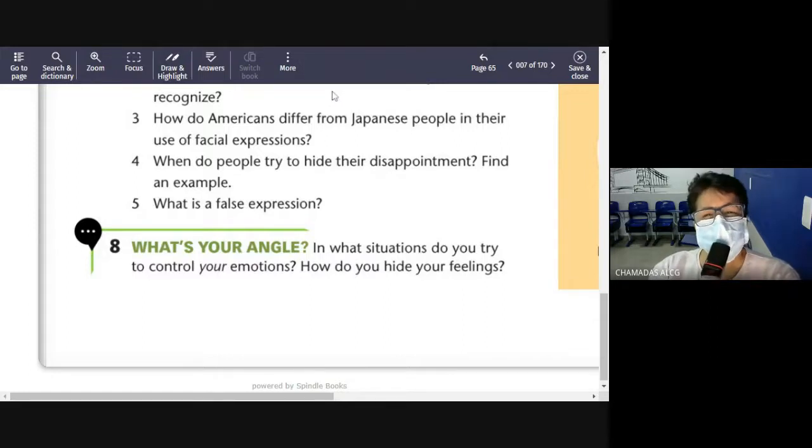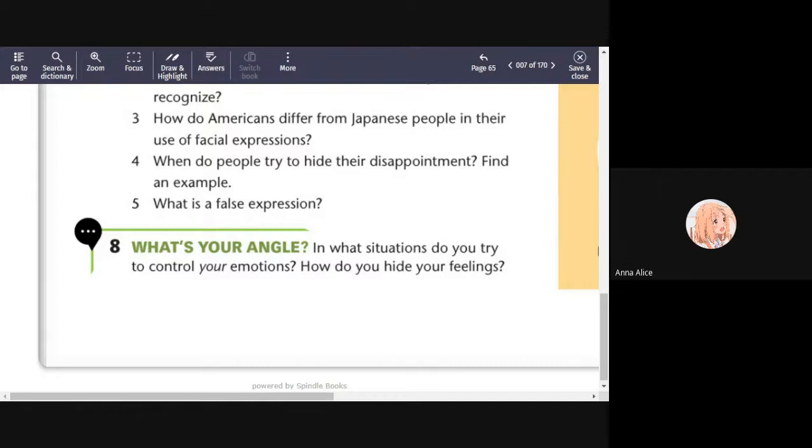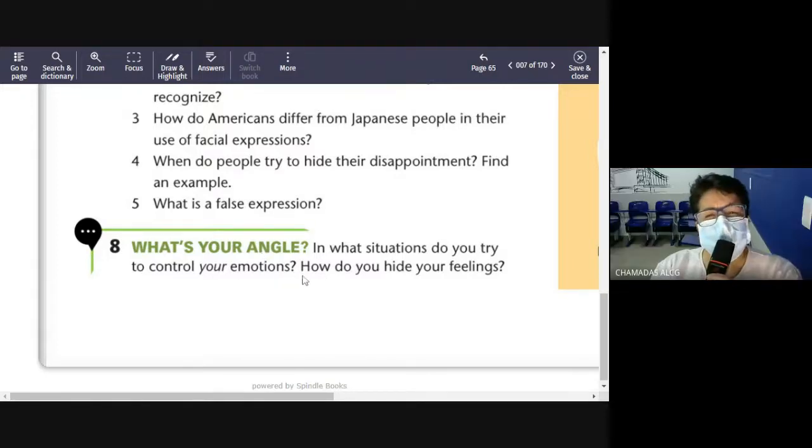Do you get nervous? So it's difficult, isn't it? We have to control our emotions when we have to present a project or when we have to present anything at school, right? When we have to do a test, an important test, right?